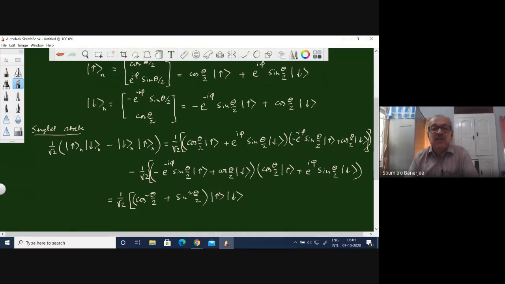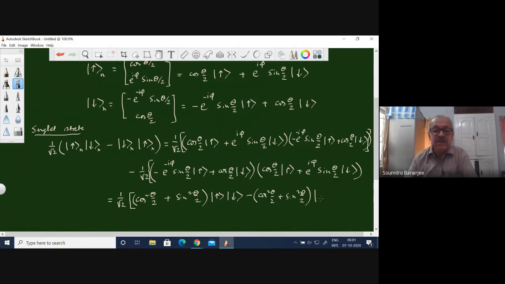So cos square up, down, cos square comes here. This one and this one, sine square, and these two cancel off. Therefore, sine square plus cos square. And when you multiply these two, cos and sine and cos, they will simply cancel off. In a similar way, this one also leads to minus cos square theta by 2 plus sine square.